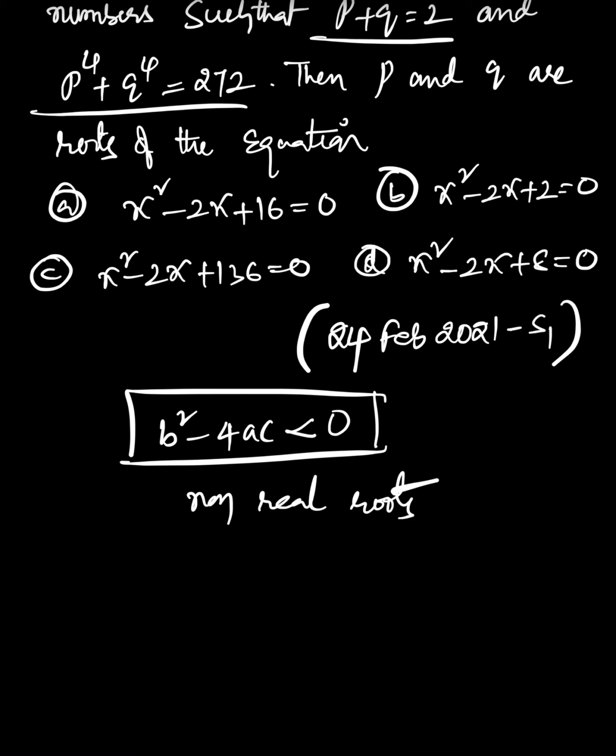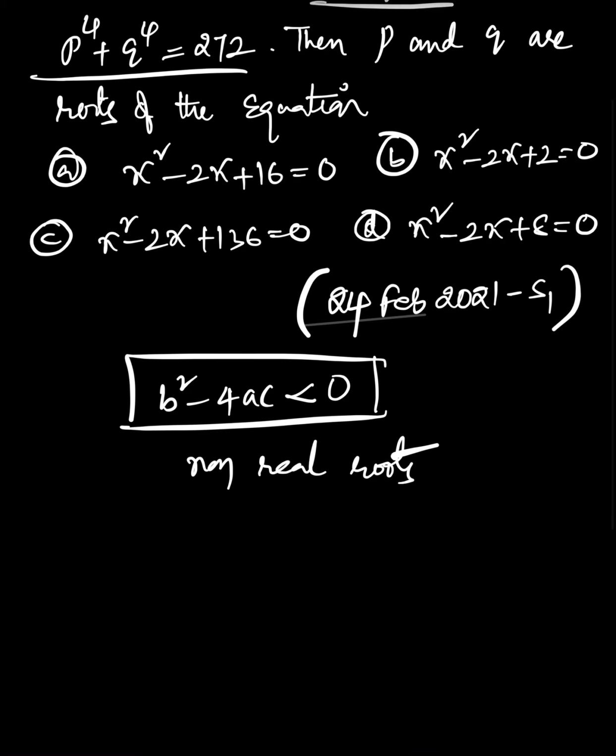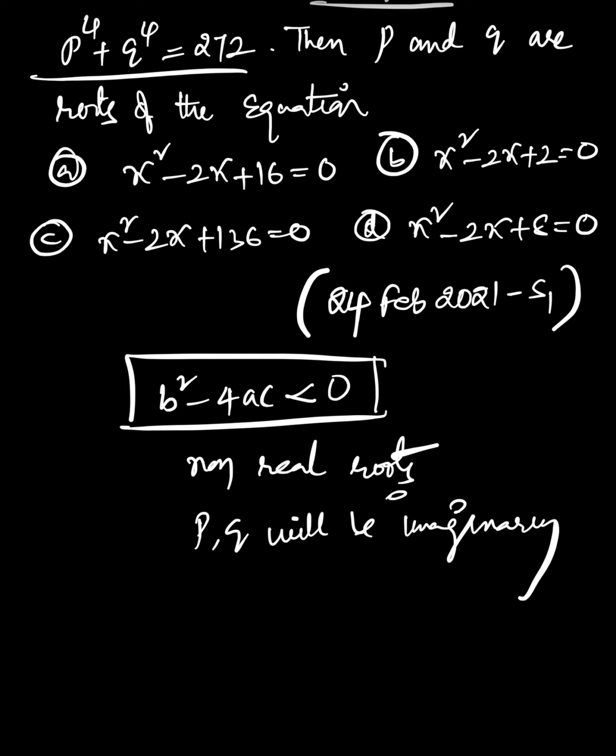In case of non-real roots, it is conveying that P and Q will be imaginary based on the options, because in every option the roots are non-real.